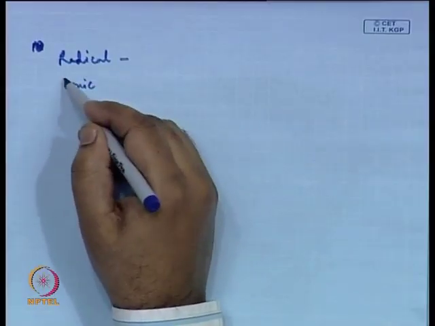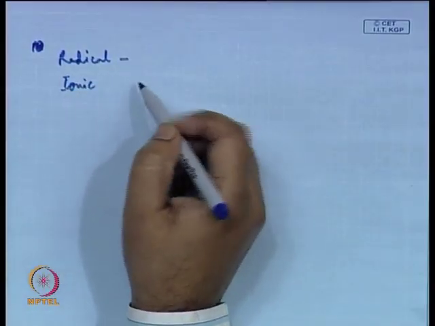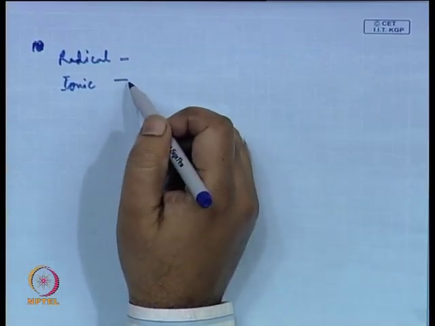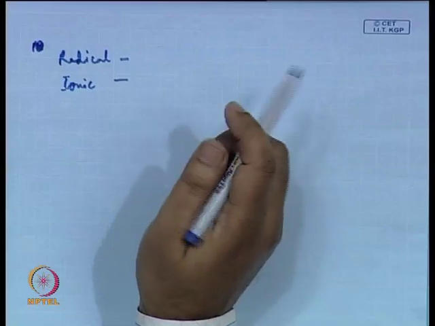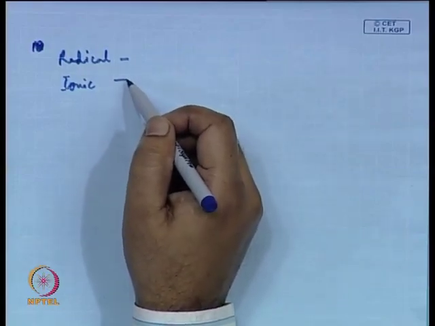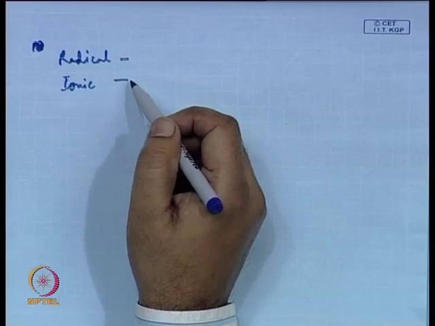So, a lot of monomers can be utilized to make copolymer by radical mechanism, whereas in case of ionic polymerization the monomers are very selective. So, not every set of 2 monomers can be utilized for ionic copolymerization. They are very selective.